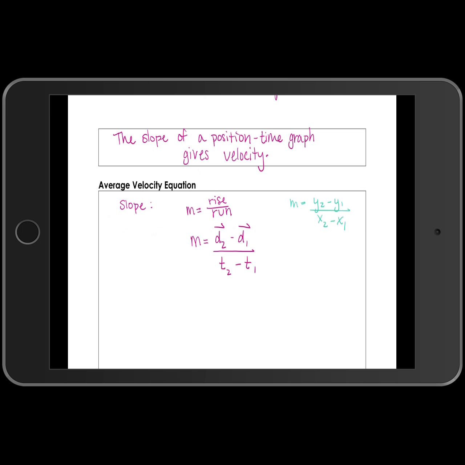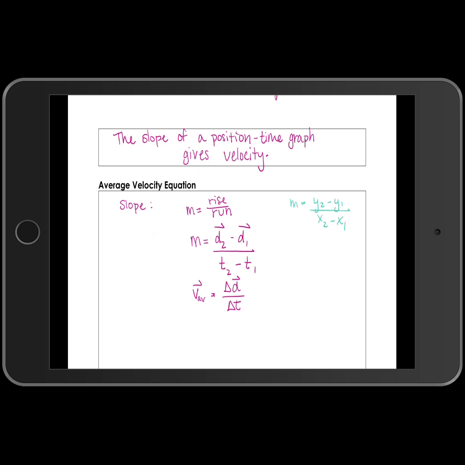This is telling us the velocity, the average velocity. So we're going to have change in position over change in time.